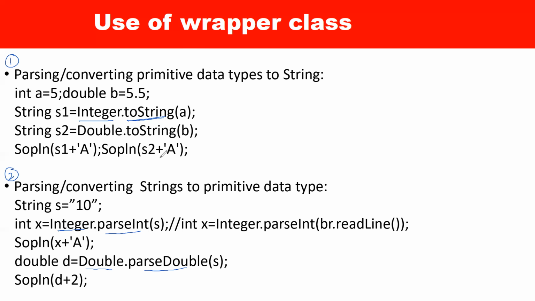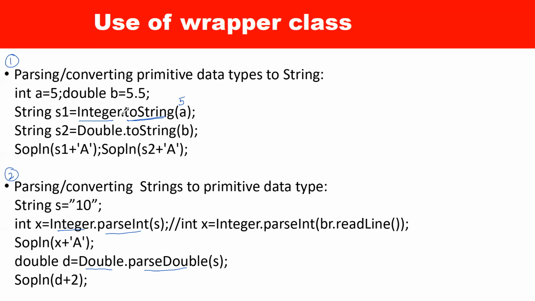Yes, so let's discuss. See, as I told you, toString converts the accepted argument into a string, right? Since this toString is in the Integer wrapper class, we are calling it as Integer.toString. So it will convert a, which is 5, an integer, to a string s1.